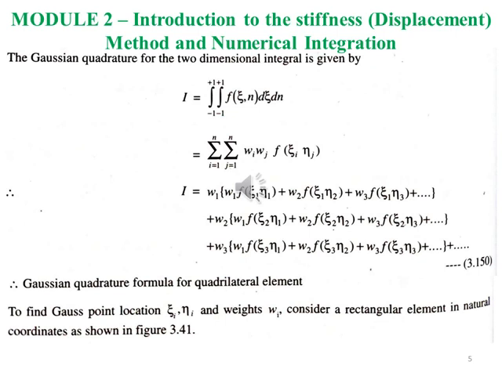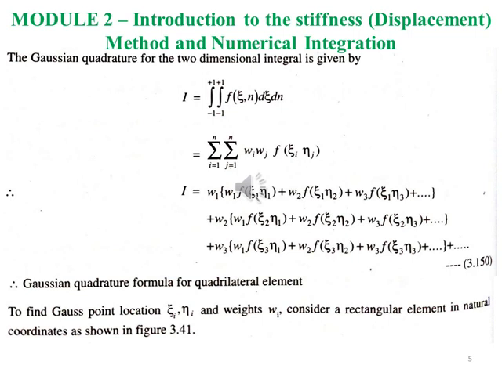So here you can see that for the Gaussian quadrature for the 2-dimensional integral f of z n del z del n, integrating from -1 to +1 for z and -1 to +1 for n, we will get a summation with i equals 1 to n and j equals 1 to n.